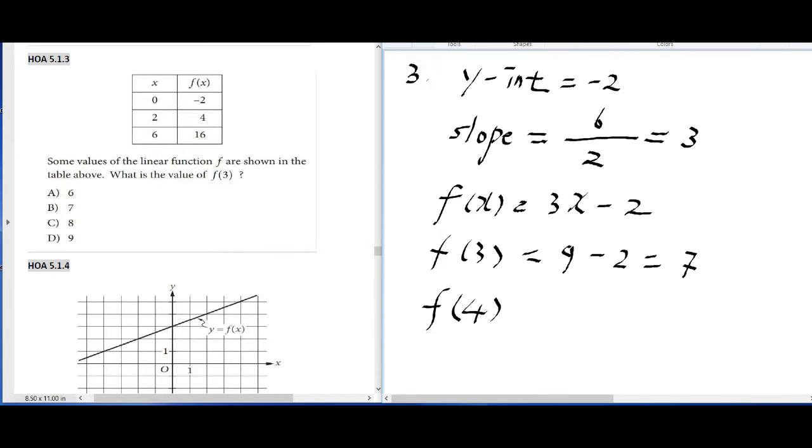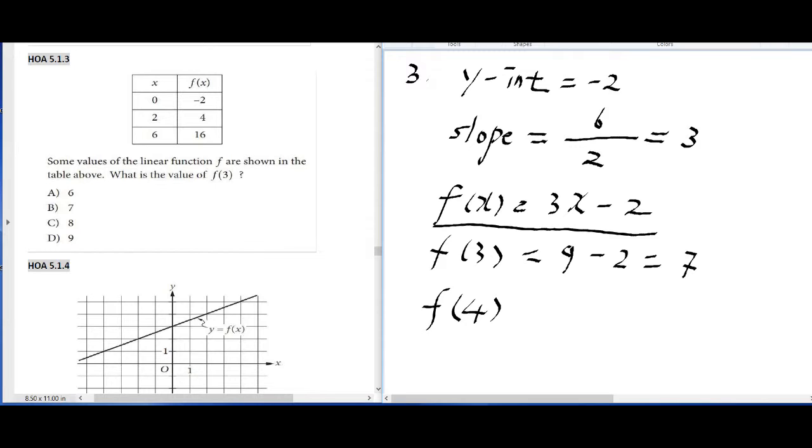If they ask for f of 4, you don't need to use f of x. Without using it, we can just use this table to find f of 4. How? They gave that when x equals 6, the value is 16.